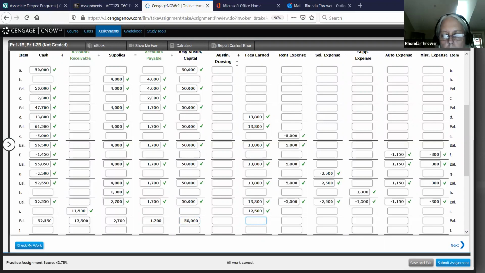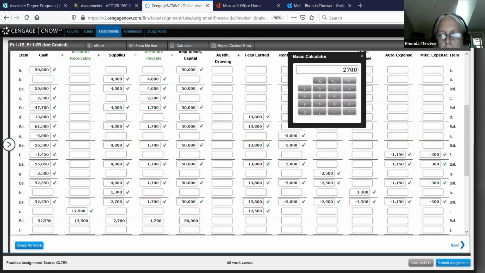And we need to determine how much total revenue we have there. Before the transaction, we had 13,800. We're going to add to it 12,500. And that's going to be a total amount of 26,300.